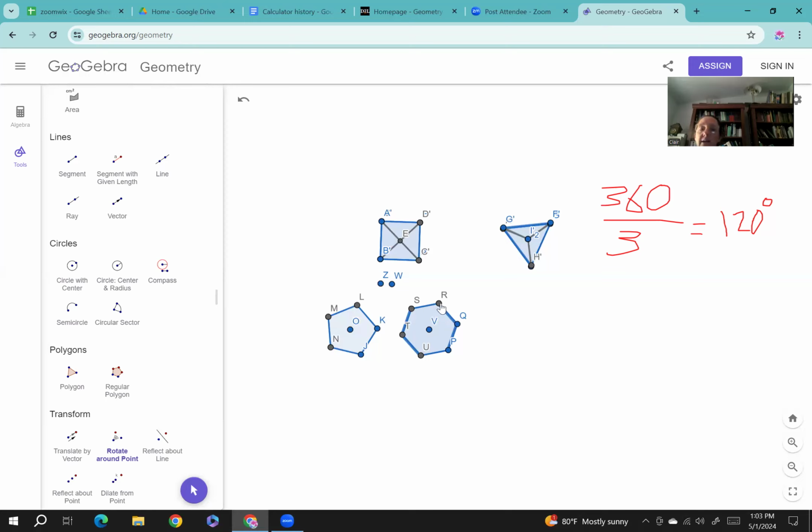It's a regular hexagon. So we can take 360 divided by 6. And that would give us this 60-degree turn symmetry. So 60 degrees would be our smallest angle of rotation, and then we could continue adding 60. So 120 works, 180, we can continue on. If you had a regular octagon, you could just take 360 divided by 8.